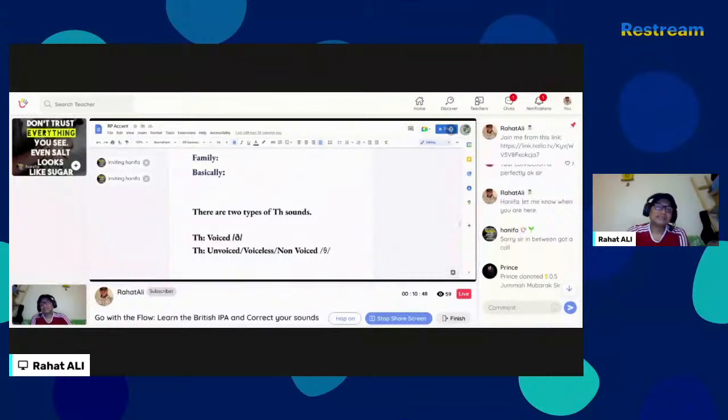Once again, th sounds, voiced and unvoiced. I'll explain these terms again. Voiced sounds are those sounds when we use the vocal cords to pronounce. You'll feel the vibration of the vocal cords when you're using a voiced sound. Unvoiced or non-voiced or voiceless sounds are those when you use any part of the mouth or tongue or nose.